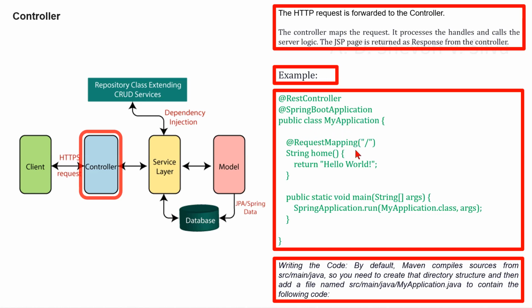The @RequestMapping annotation provides routing information. It tells Spring that any HTTP request with the path / should be mapped to the home method. The @RestController annotation tells Spring to render the resulting string directly back to the caller.